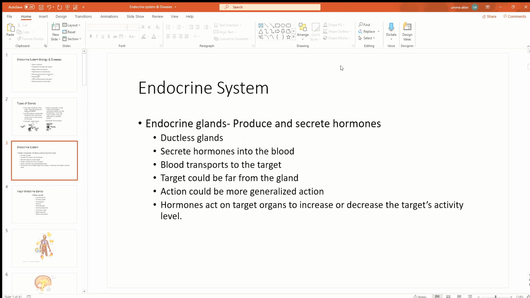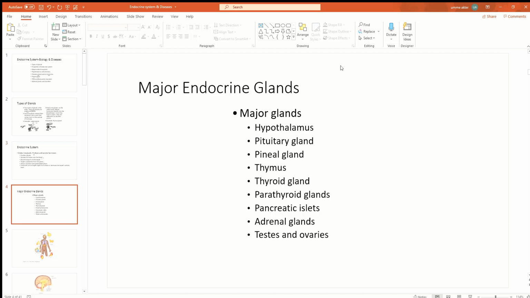So I mentioned all these in the last slide. Now the major endocrine glands, if you start from the brain and go downwards, hypothalamus is a brain structure that is considered as an endocrine gland too, and hypothalamus controls the secretion from the pituitary gland.